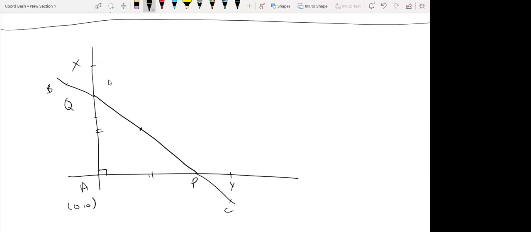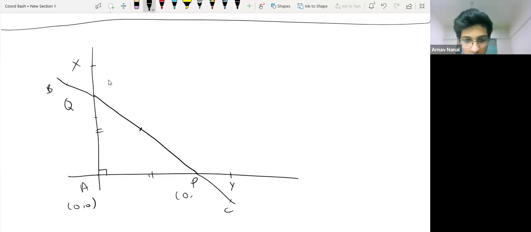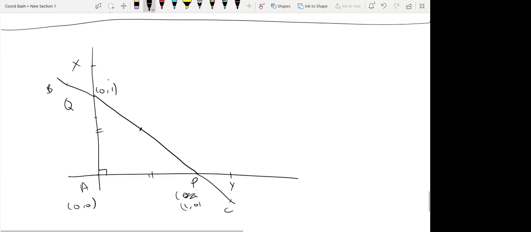I mean, we could just assume that P and Q are 0, 1 and 1, 0. Yeah, sure. And then B and C just lie on that line.